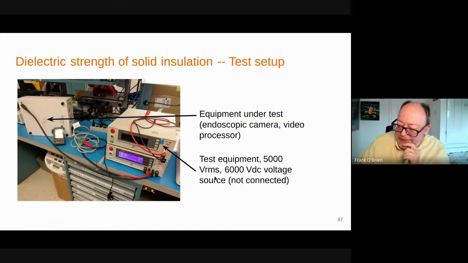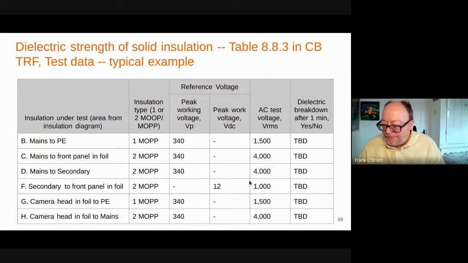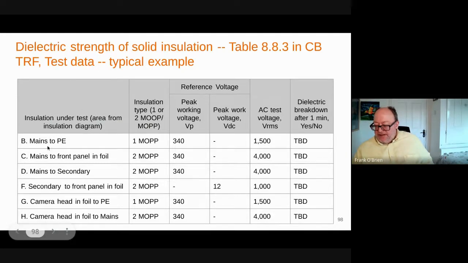All right, and this is a photo of now the dielectric. This is the high voltage cables. And so you would hook those up and that test gets done. There's a table and this is what it looks like. And I've filled it out for the endoscopic video processing box.